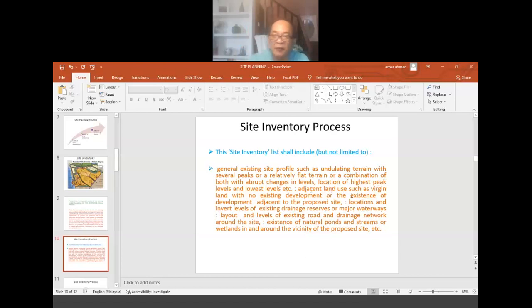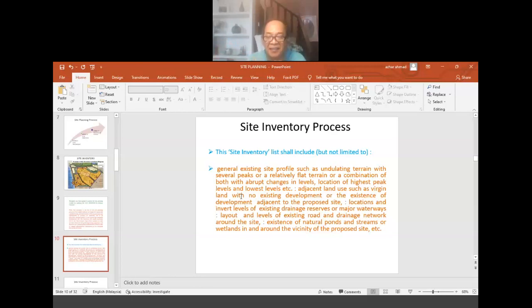We can have a look at whether there is any adjacent land use, meaning are there any adjacent developments, just beside the site that we are looking at. So we are looking at adjacent land use such as virgin land, where there is totally no development, that is what we call virgin land.